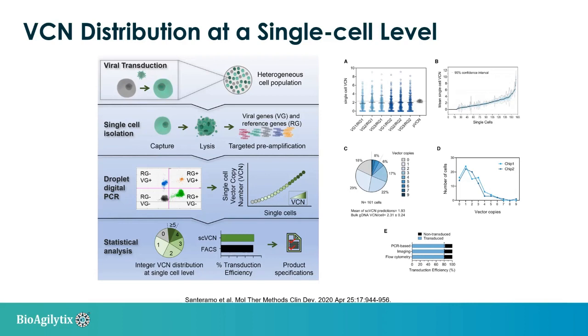In addition, as the sample contains a mixture of transduced and non-transduced cells, the transduction efficiency value can be obtained from this single-cell digital PCR method. This result is shown in graph E on the right lower panel. This result is comparable to the result from live imaging and flow cytometry, suggesting this single-cell digital PCR-based method can provide another way to evaluate the transduction efficiency.